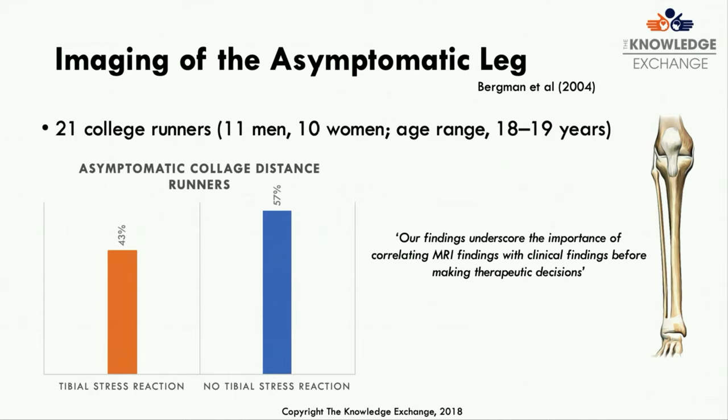Exclusion criteria were recent tibial pain or tenderness, or any history of any tibial fractures or stress injury. Again, interestingly, tibial stress reactions were found within 43% of the 21 asymptomatic college runners. And the biggest take home here is that the presence of these changes were not found to be a predictor for further tibial stress reactions or pain around the shin.